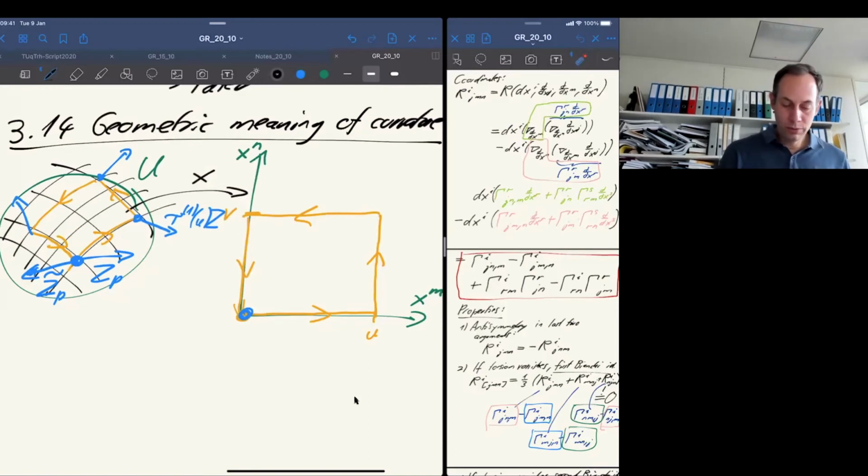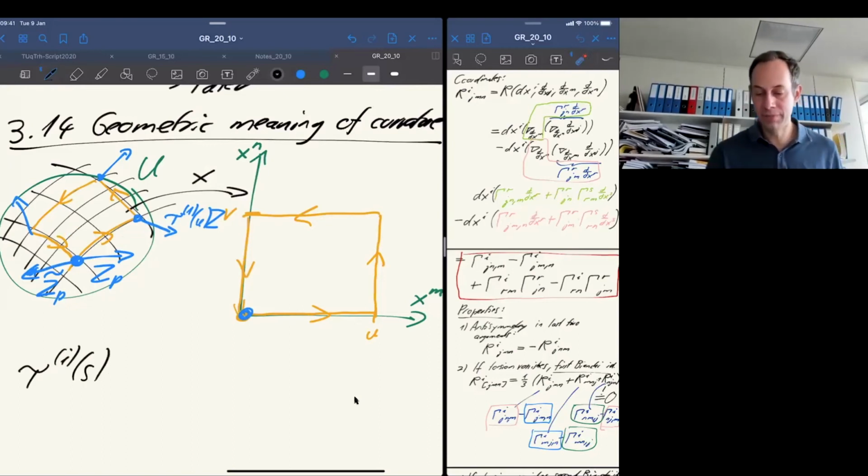Now we need to make this a bit more formal. That is just a drawing. So we have a transport of the vector, and I will just indicate the transport in the direction i. So this is defined as the transport in the direction where I increase just the i-th coordinate by an amount of s.